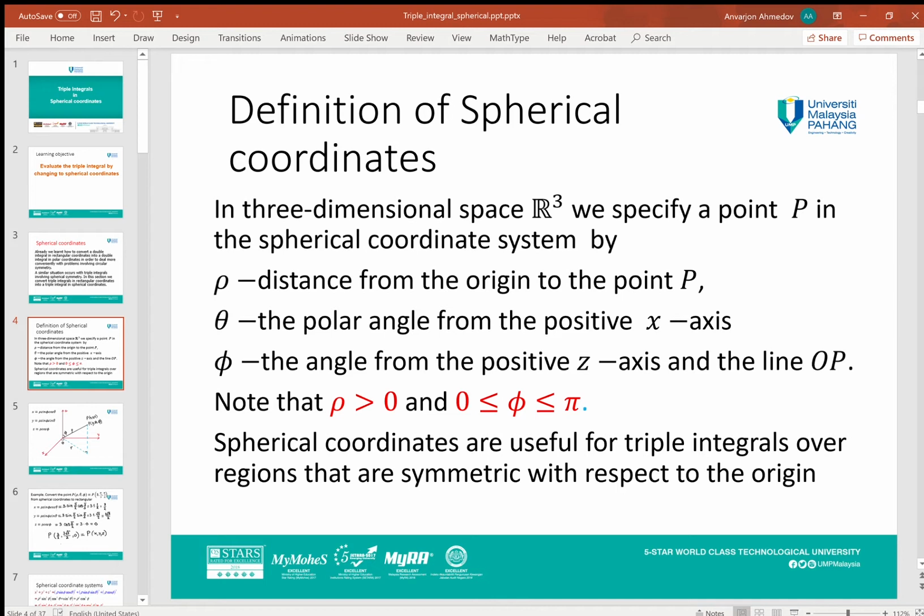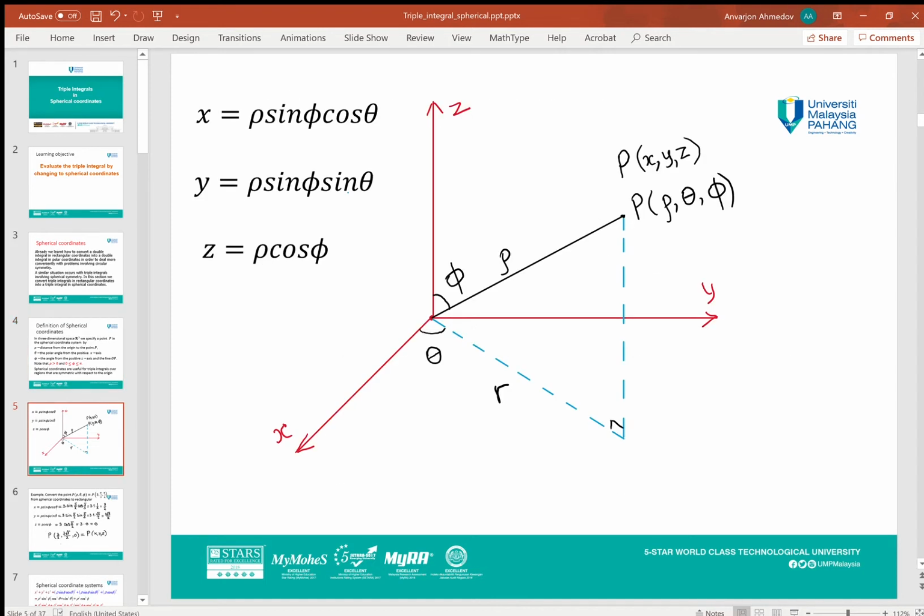Spherical coordinates will be useful to calculate triple integrals over regions which are symmetric with respect to the origin. Using the definition of the trigonometric functions, we can easily obtain the relation between spherical coordinates and the rectangular coordinates of the point. Let the rectangular coordinates be x, y, z, and the spherical coordinates be rho, theta, phi.